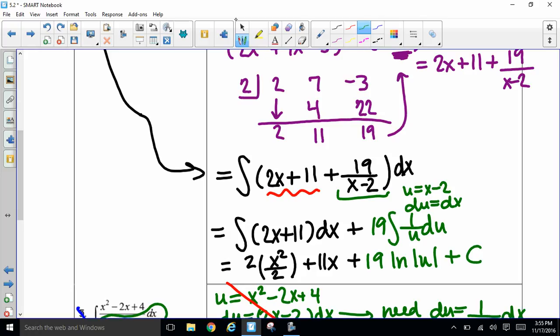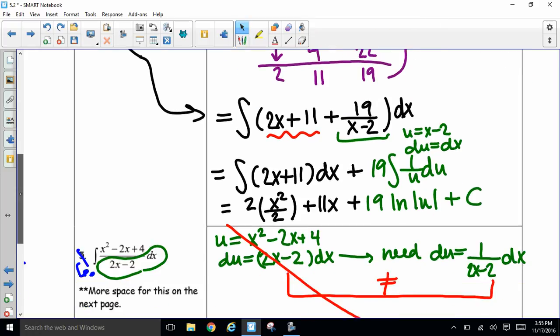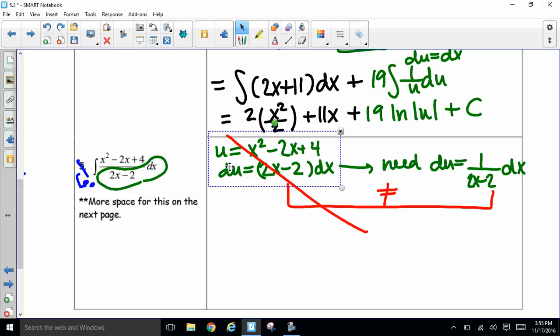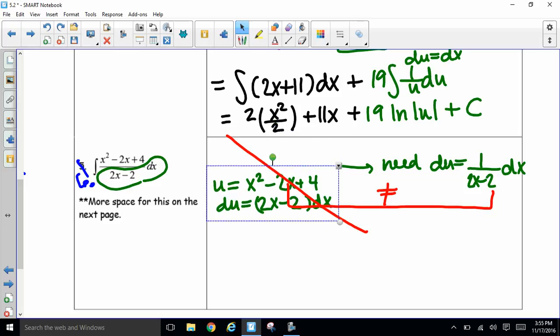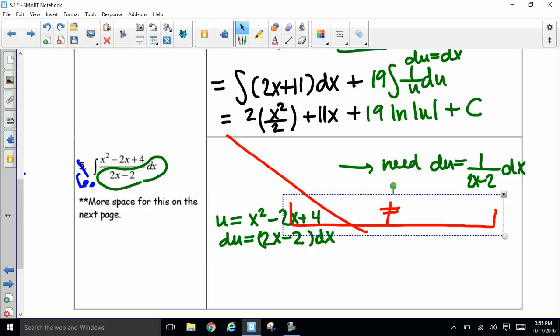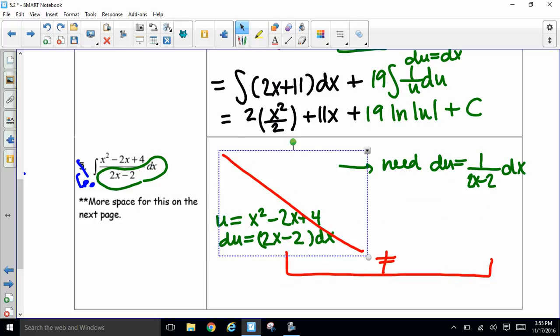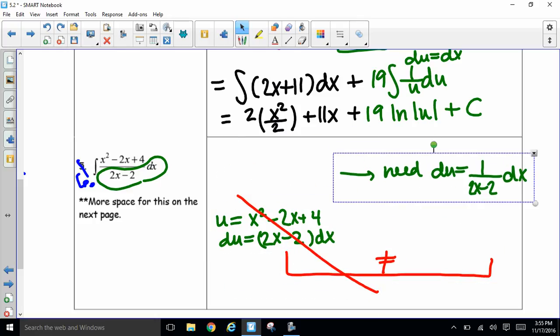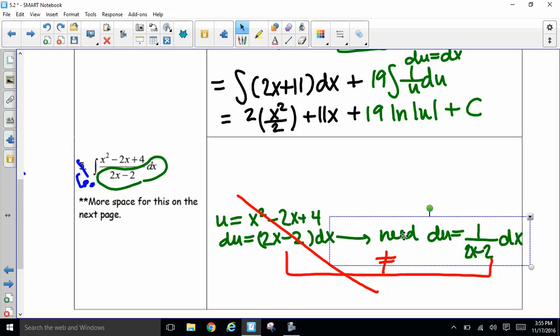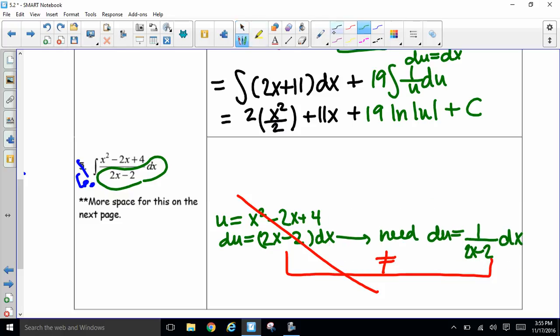And then I'm out of room, so I'm going to move this other stuff down here. All right. So then to clean up, I can see that the 2's cancel. That's really nice. And then I just have my last step of replacing this u.